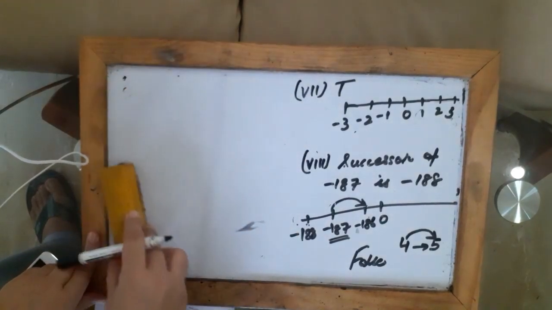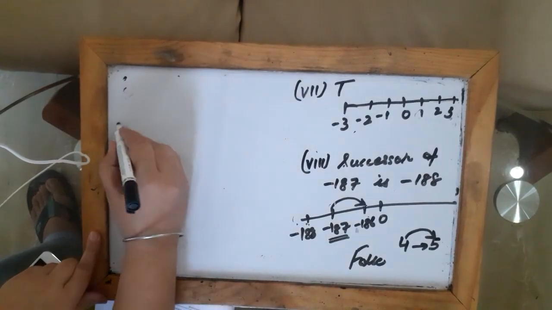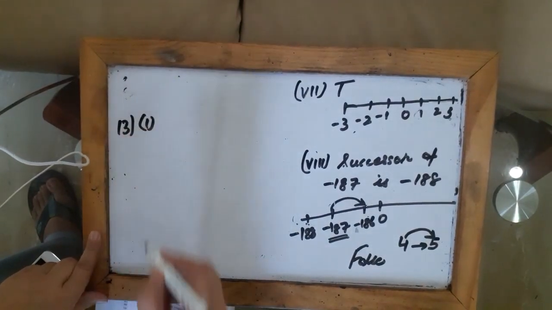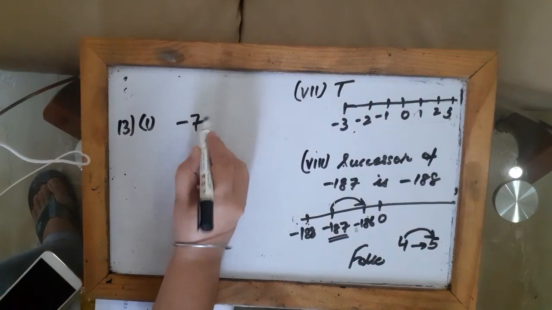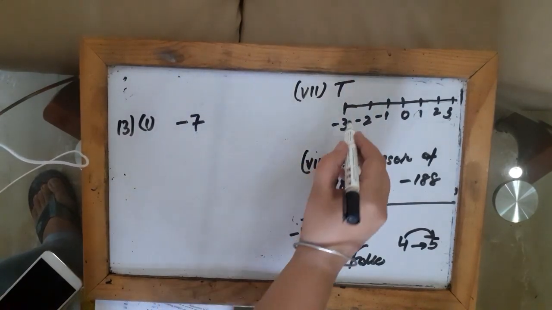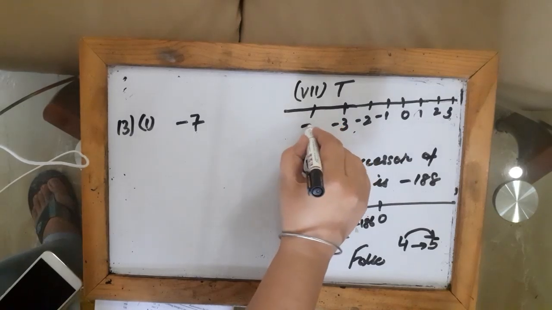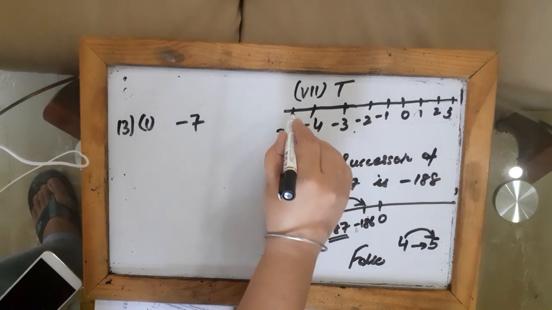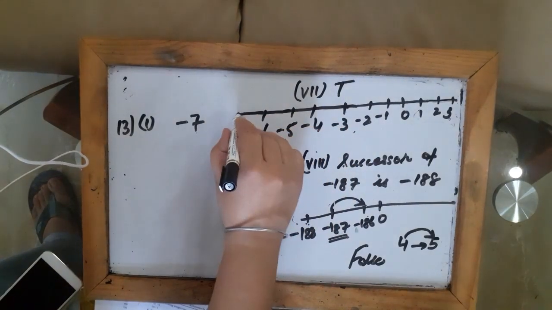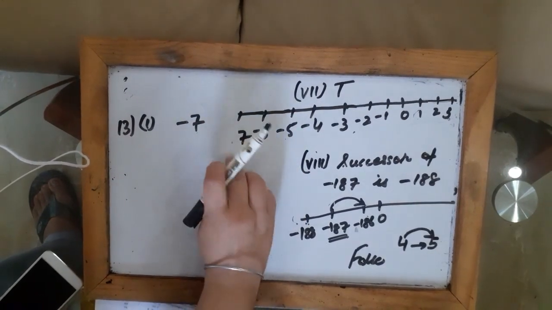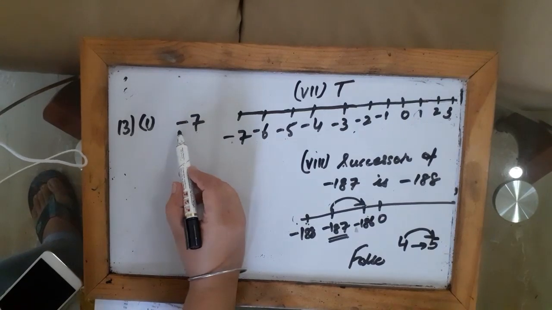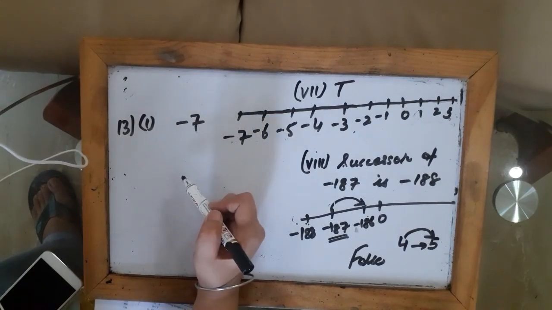Now I come to the 13th question. In the 13th question they are saying write 5 negative integers greater than minus 7. I have to find the negative integers greater than minus 7.